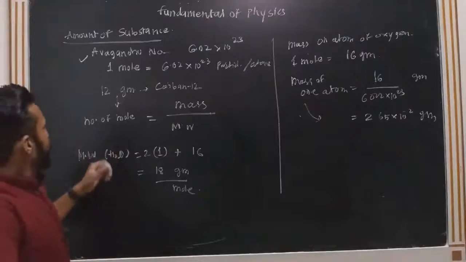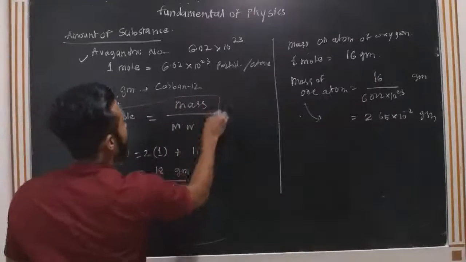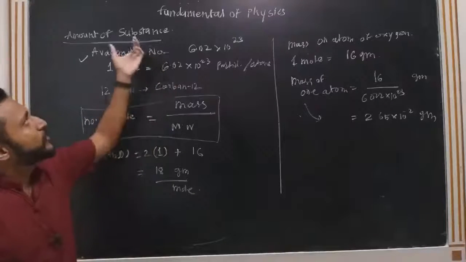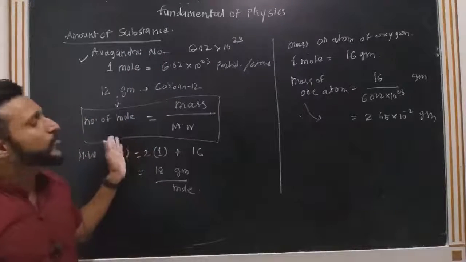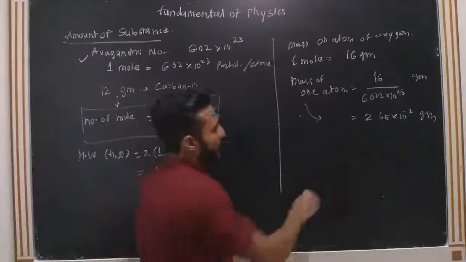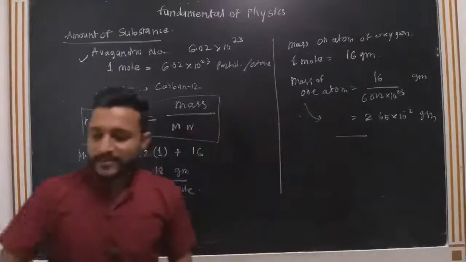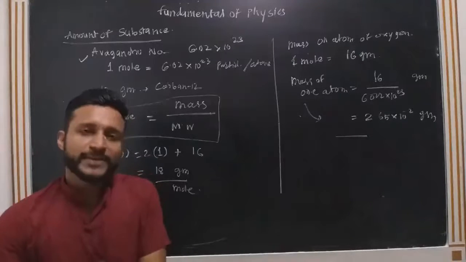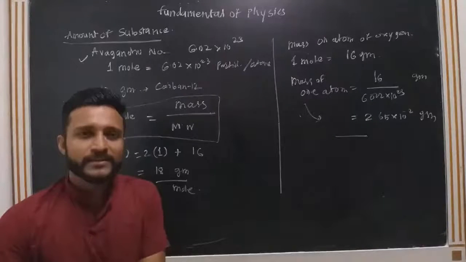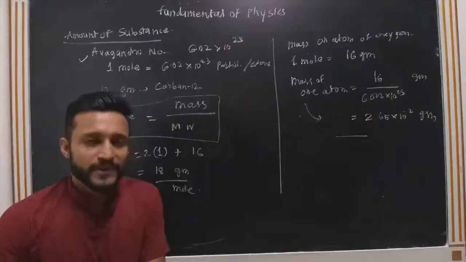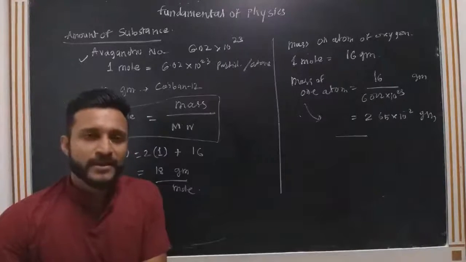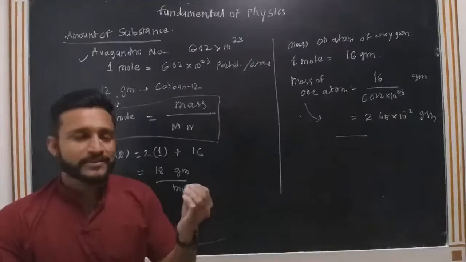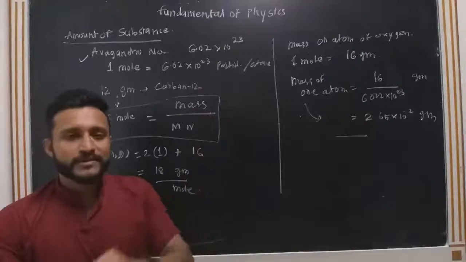Alright, so with the help of this formula we can calculate the number of moles and the amount of substance, which we measure in moles. I hope it is clear. So from the beginning we discussed the fundamental physical quantities, fundamental units and derived units, and also the smallest scale to the largest scale, subatomic scale to astronomical units.